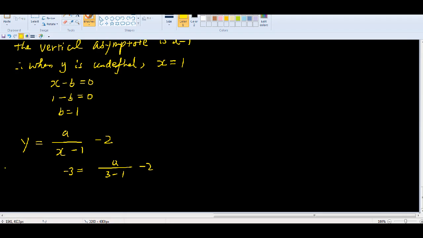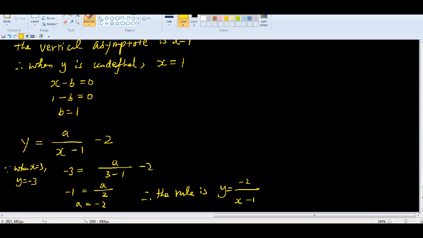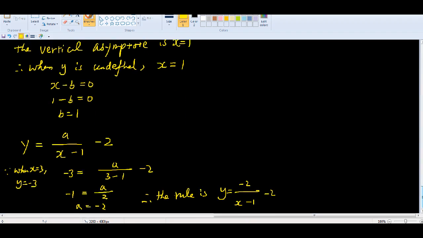Okay, since when x equals 3, y equals minus 3, we put these values in and move that minus 2 to the other side, it becomes minus 1 equals a over 2, so a equals minus 2. Right, so the rule is y equals minus 2 over x minus 1, minus 2. Okay, alright, that's how we do it.